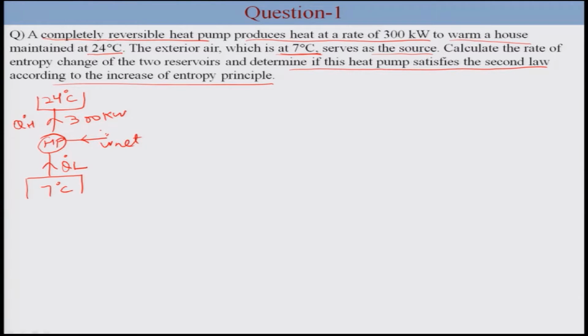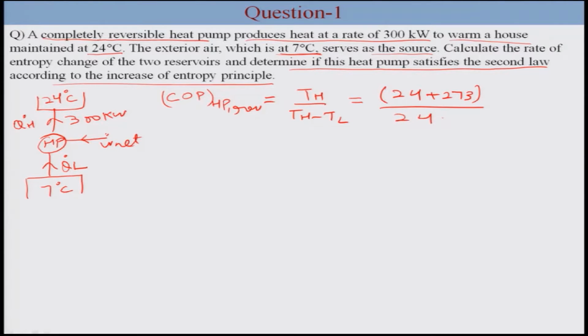So, the COP for the heat pump is TH divided by TH minus TL, considering it as a reversible heat pump. So, TH is 24 plus 273 divided by 24 minus 7. So, this is equal to 17.47. This is the COP of the reversible heat pump.